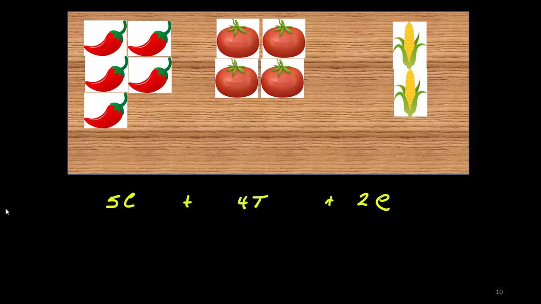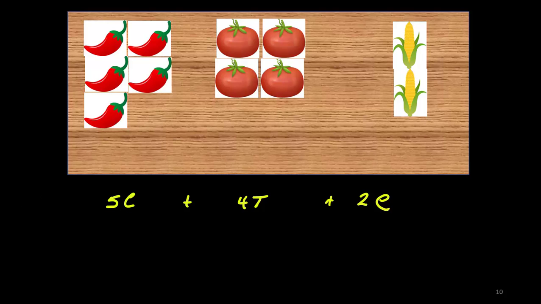The last step we did was grouping these items on the table. We got everything together. And that's exactly the same thing that we did in the expression. We moved everything around first, and then we grouped them to lessen the number of terms that we have. Remember, 3 chilies plus 2 chilies became 5 chilies, as an example.